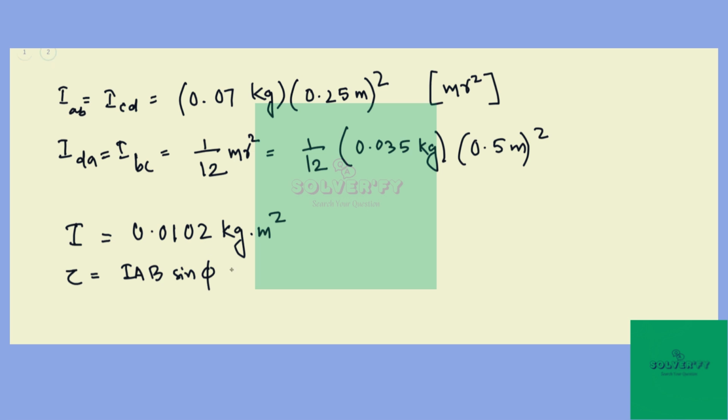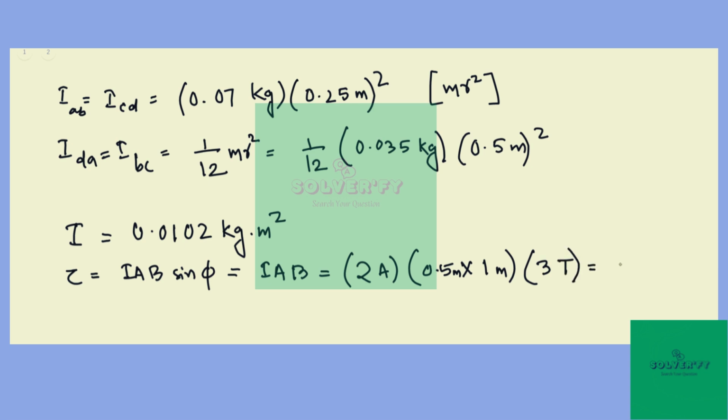Here phi is 90 degrees, so sine phi becomes 1, and we just have torque equals I times area times B. That's 2 amperes for the current, the area is 0.5 times 1 meter, and the magnetic field is 3 Tesla, and we get the magnitude of torque to be 3.00 Newton meter.